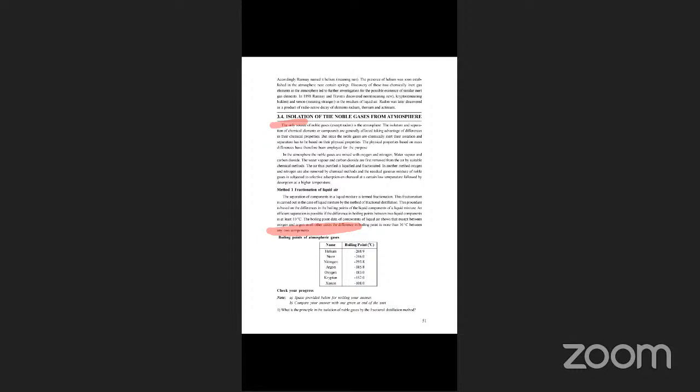Suppose A, B, C gases are available in your mixture. We can isolate and separate A, B and C based on their chemical and physical properties. For example, A's melting point is 100, B's is 200, and C's is 300.